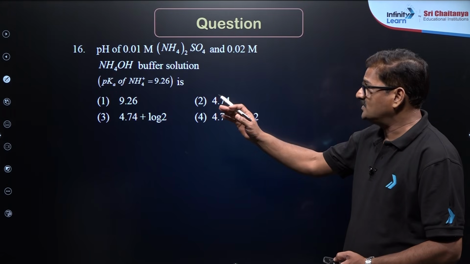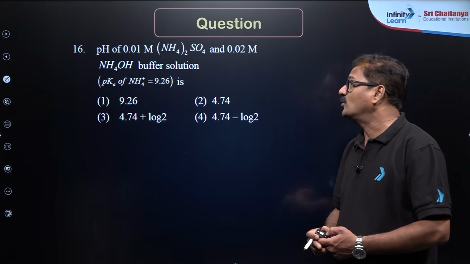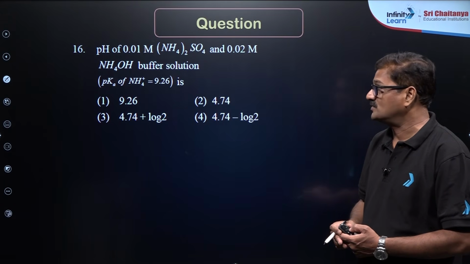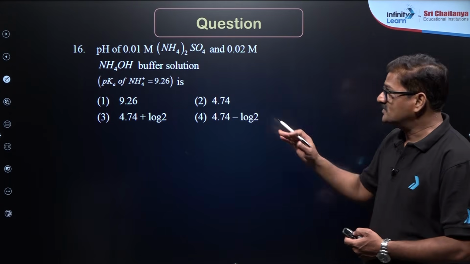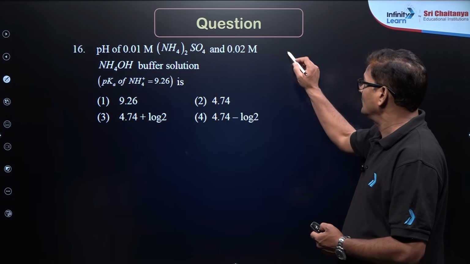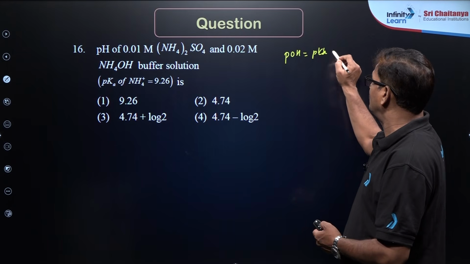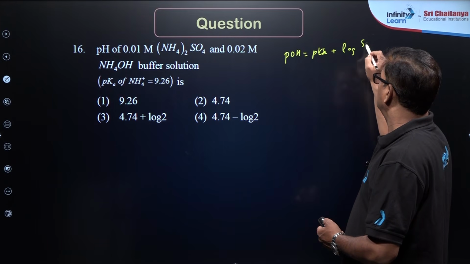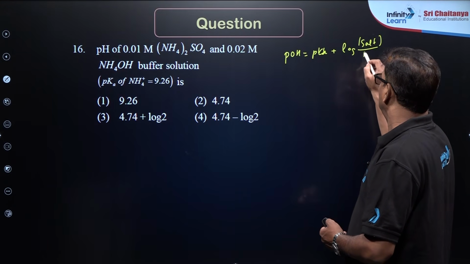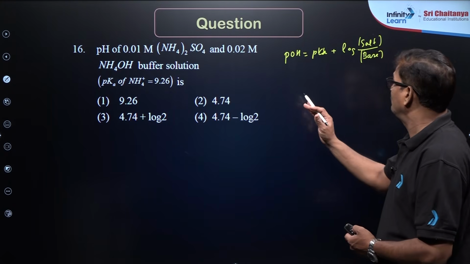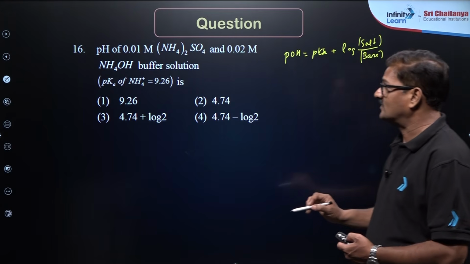Students, here is the pH of a buffer solution of 0.01 molar ammonium sulfate and 0.02 molar ammonium hydroxide. This question is based on the buffer solution. So, you are using pOH is equal to pKb plus log salt by base as the formula. In this case, you have the salt concentration and the base concentration.